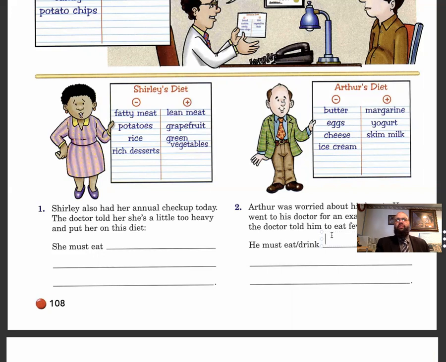He must eat less butter, less eggs, less cheese, and less ice cream.